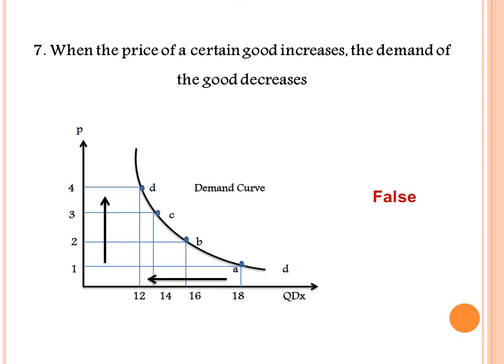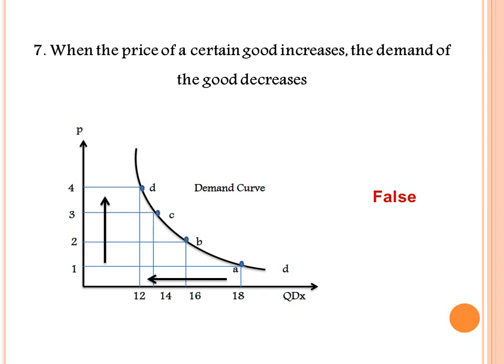And this is shown graphically by moving along the demand curve from one point to another point. Again, when the price of a certain good increases, the quantity demanded of the good decreases, not the demand. And this is shown graphically by moving from one point to another along the same demand curve.